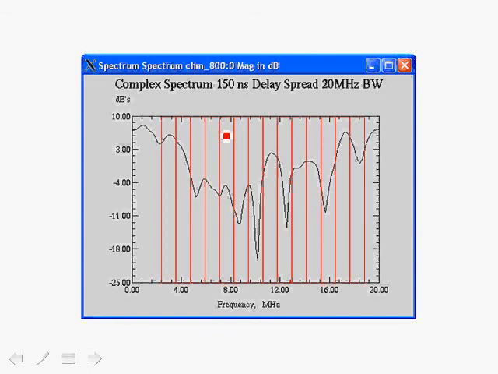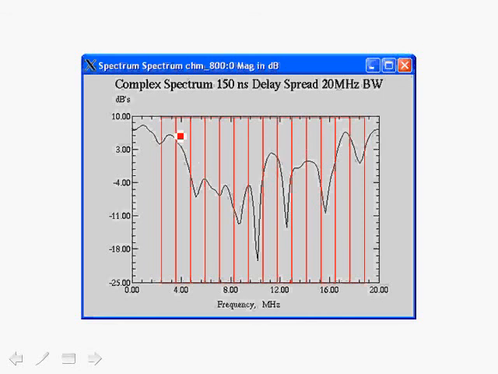So in order to achieve reliable communication over fading multipath channels, one way to combat this is to take the data that we want to transmit and divide it up among sub-channels, as we show over here, and then send the data in each one of these sub-channels in parallel, and at the receiver we multiplex them back together to get our high throughput.